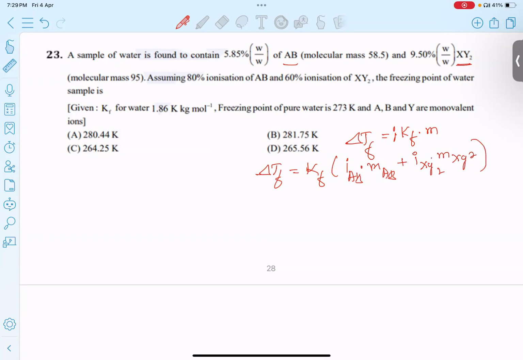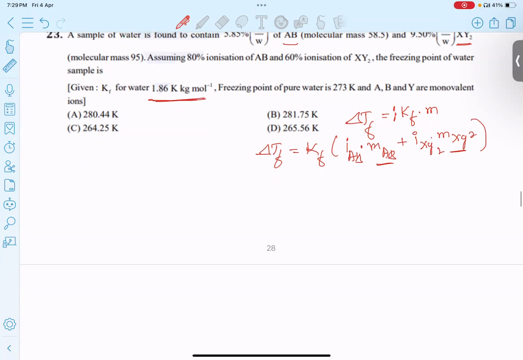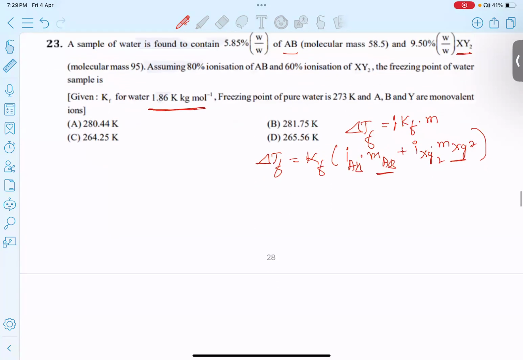Only the Kf value is given, that is 1.86 Kelvin kg per mole. So we want to calculate the molality of AB, the molality of XY2, and the van't Hoff factors for AB and XY2. Let us calculate one by one, as it is a lengthy numerical.